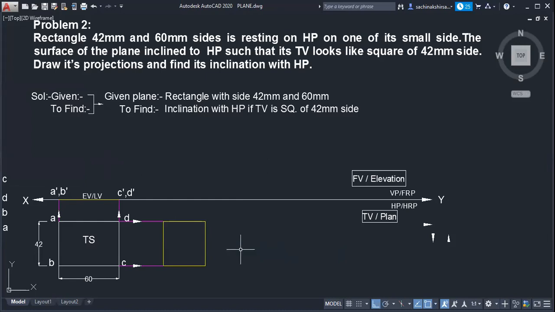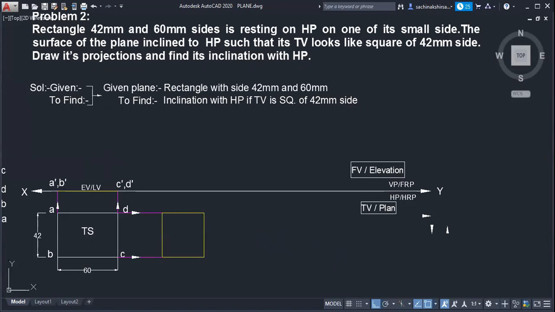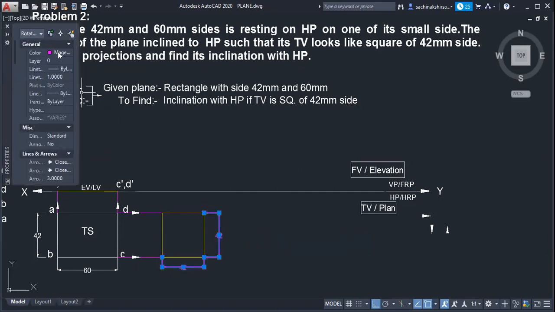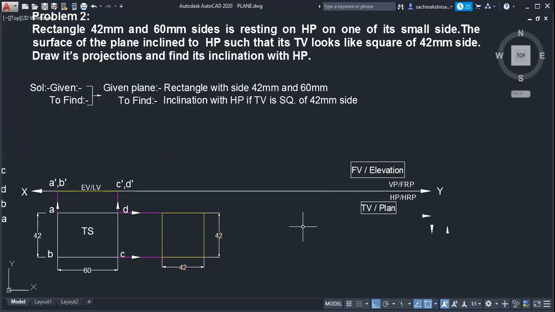So its apparent shape is given. Here you have to mention its dimension also. So let us mention it. How much should it be? It should be 42, and 42.